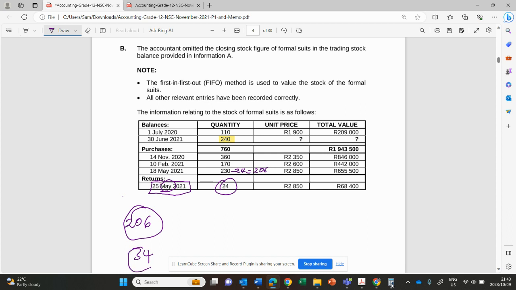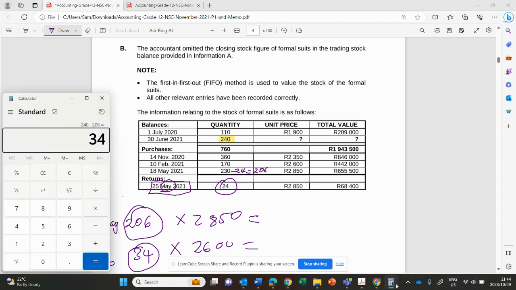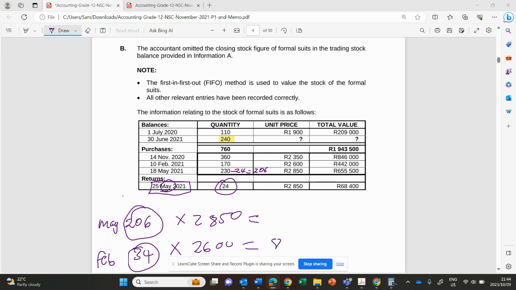The 34 you take from the next purchases, which is February. The May price is 2.850 and the February price is 2.6. So 34 times 2.6 is 88 400.